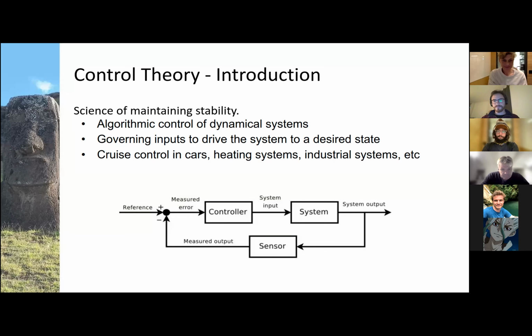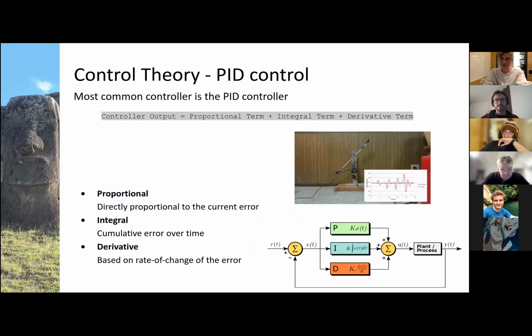We see control theory applied in many fields: industrial systems, cruise control of cars, heating systems, power supply, everywhere. It's all around us. It's basically about controlling a system, driving the system into a desired output.